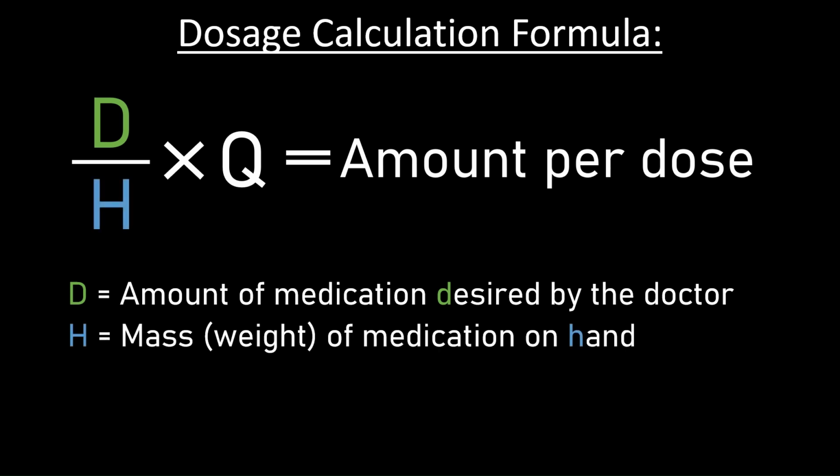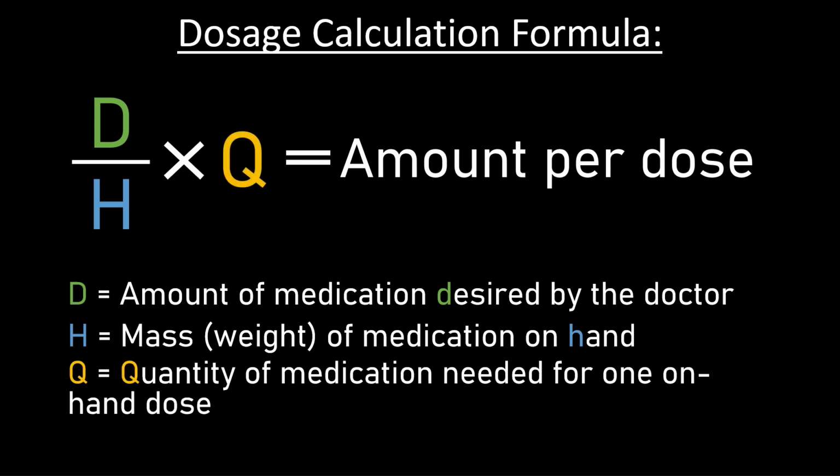H is the mass or weight of medication on hand. You can shorten this to H equals on hand to remember it more easily. This unit will also always be a unit of mass or weight, though it will not always be the same unit that the doctor ordered.